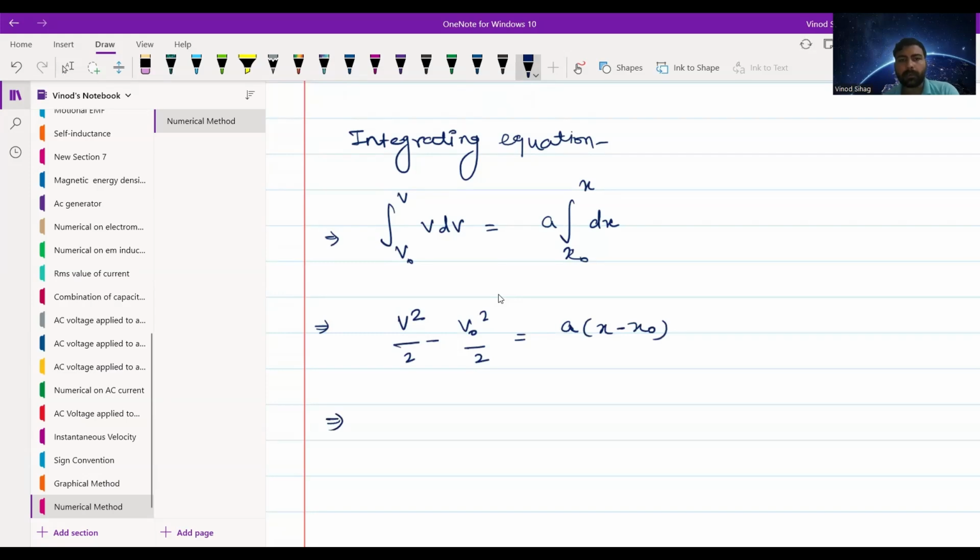Now let's again rearrange the equation. So we will get v square minus v naught square equals 2 times a into x minus x naught.